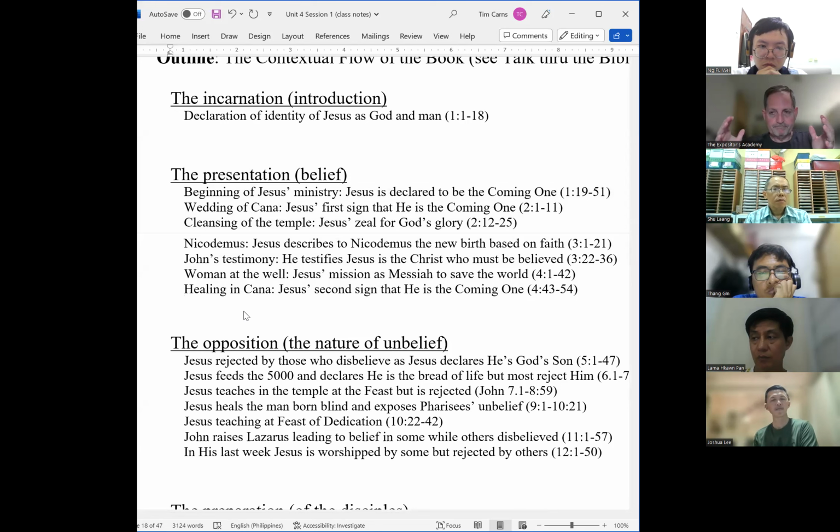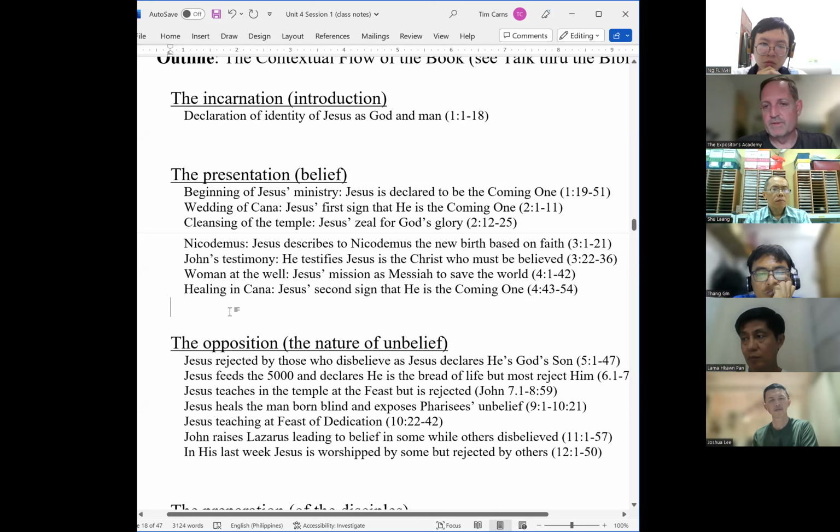Again, there's a flow of thought here, and John seems to have structured his book. So for example, at the beginning of the book, he focuses on who Jesus is and examples of the importance of believing in him, and then even an example of that with the Samaritans.